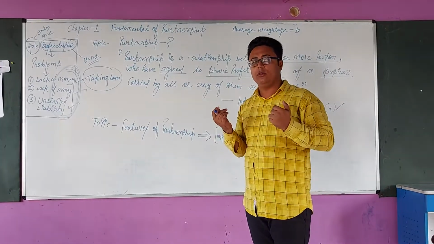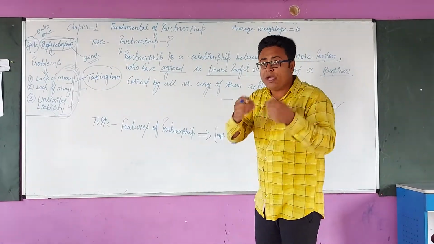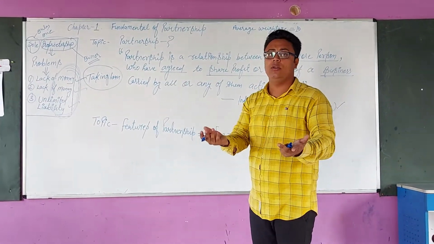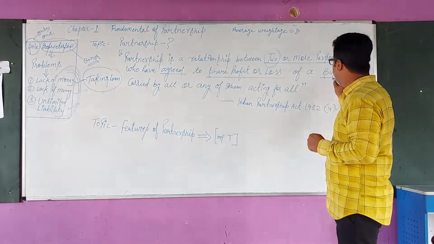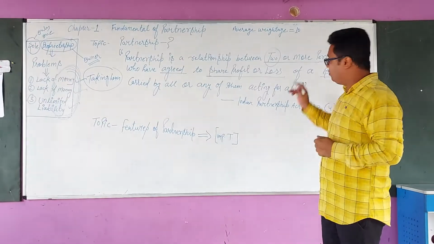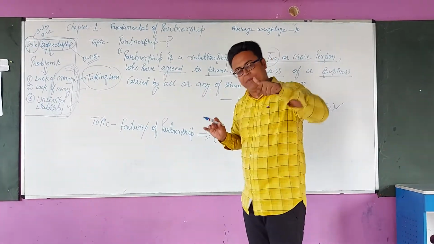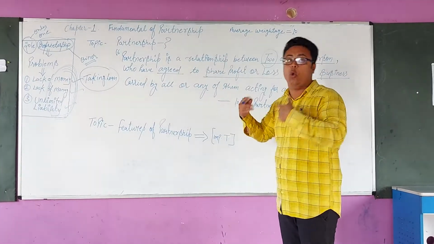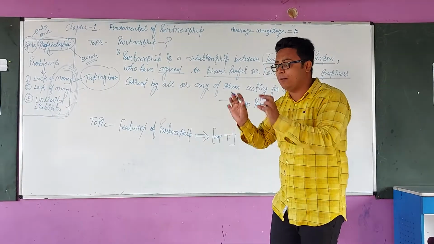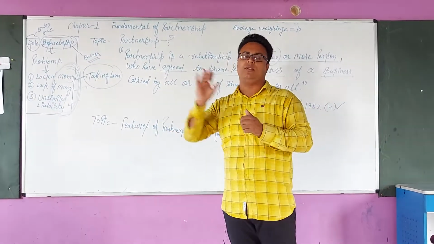Which type of persons? Those persons who have made an agreement for what? To share profit or loss of a business. That business may be carried on by all of them, or by one of them who was appointed by the others to run the business.